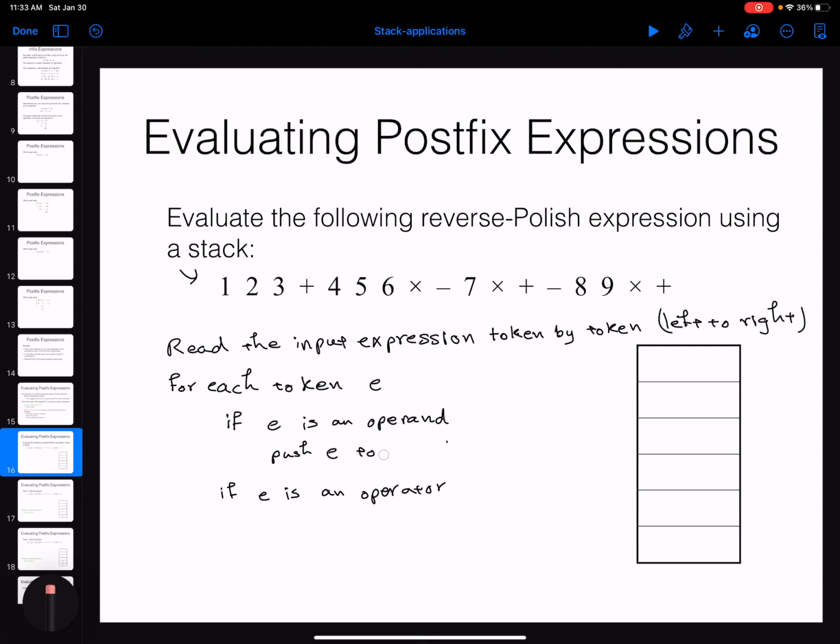Or let's just write it in this way, to make it more readable. Stack dot push E, and here the right operand will be stack dot pop. The first one that you pop is going to be the left operand.